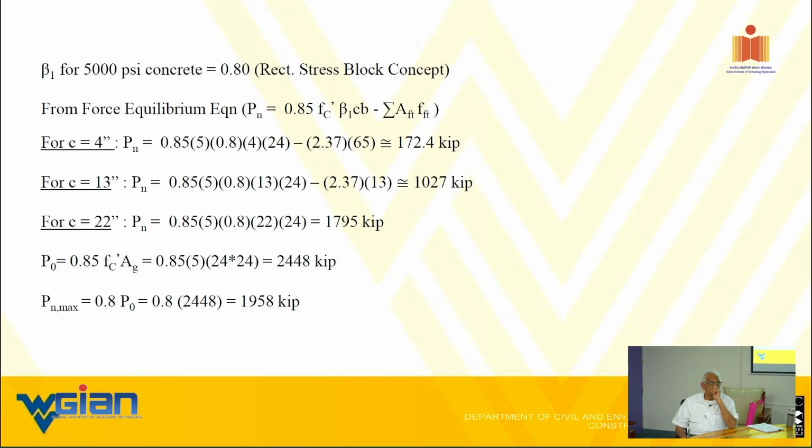Is it better to provide smaller diameter bars in large numbers than large diameter bars in smaller numbers, from the bond point of view? Obviously, smaller diameter bars in large numbers will give you, assuming you satisfy the spacing requirements, a much better bond.